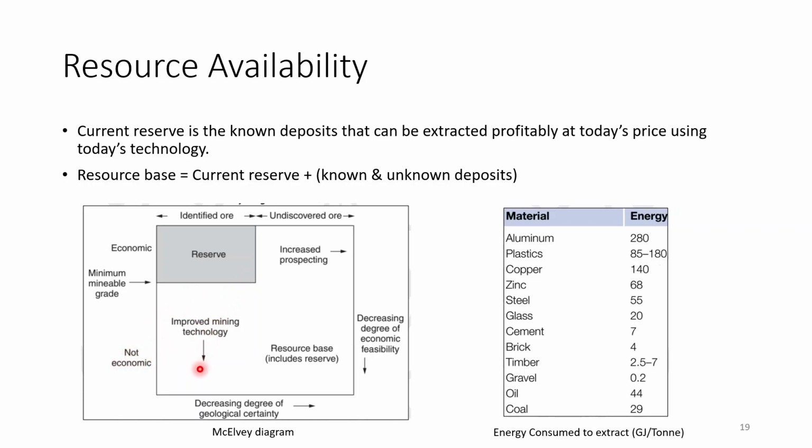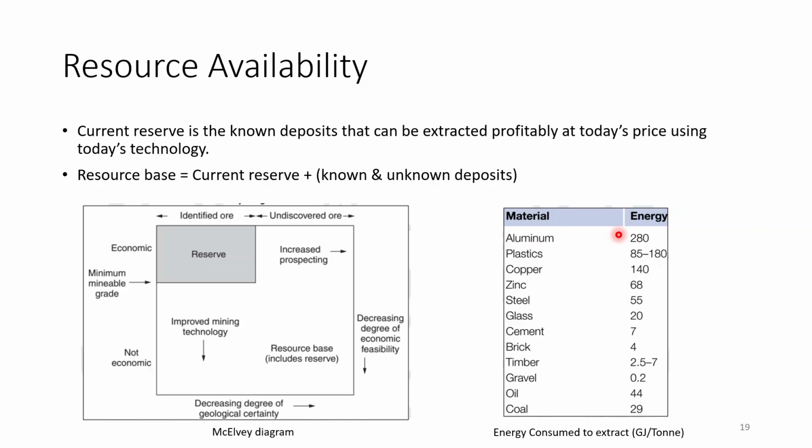So for this you need to find improved mining technology. And if you move to this side, these are increased prospecting. Here these have undiscovered ores. On this side you have decreasing degree of geological certainty, and in this case you have decreasing degree of economic feasibility.